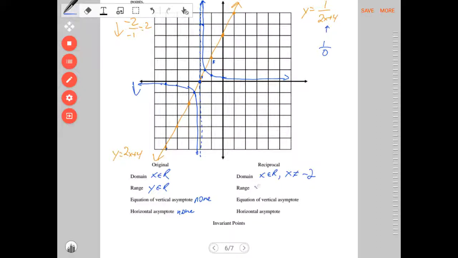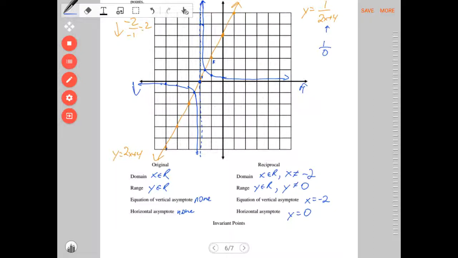The range is y is an element of the reals, except y can't be, well here, it's still the x-axis, so y can't be 0. The equation of the vertical asymptote is x equals -2. That's the vertical line passing through x is -2. And the horizontal asymptote was still y equals 0, or the x-axis.